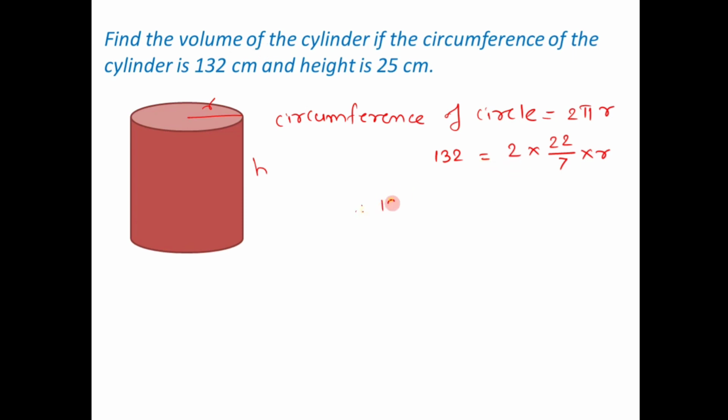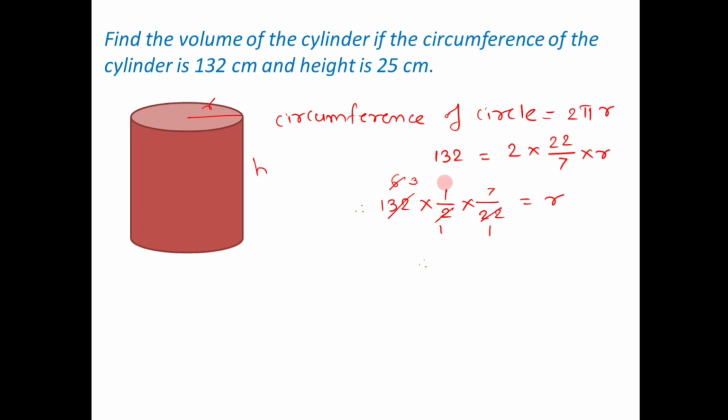Now if we have 132 the left hand side as it is, and if we transfer 2 to the left hand side, it will become 1 by 2, and 22 by 7 coming to the left hand side will be 7 by 22, that is equal to r. Now if we divide by 22, we get 22 ones are 22 and 22 sixes are 132, and if we again divide by 2, we get 2 threes are 6.